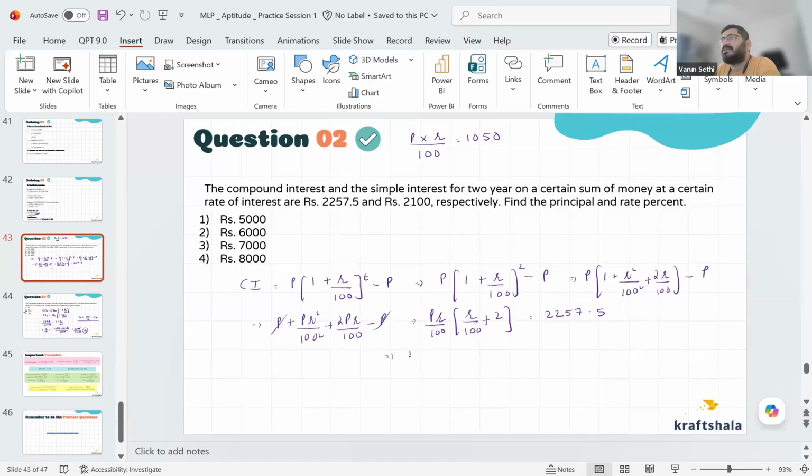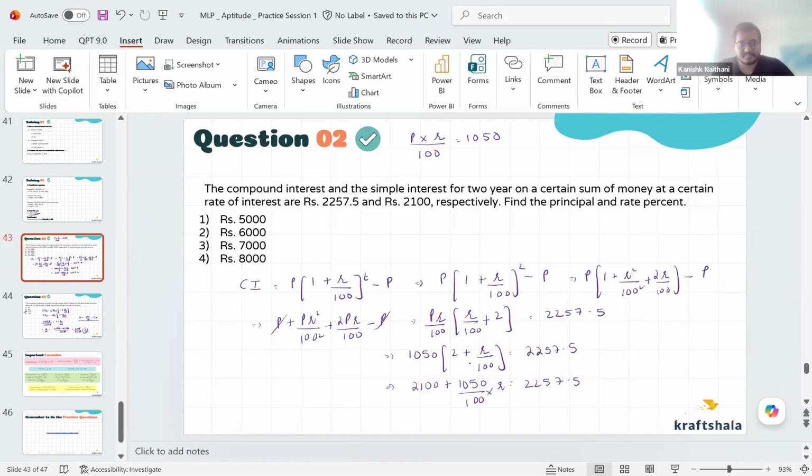So that implies 1050 multiplied by (2 plus R upon 100) is equal to 2257.5. Yes? That implies 2100 plus 1050 upon 100 into R is equal to 2257.5. Is that clear?